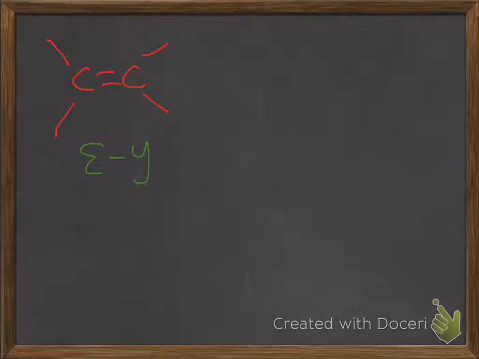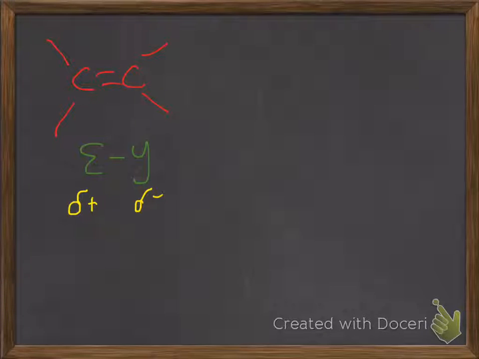An electrophile is going to be less electronegative because it wants those electrons. So it's going to be delta plus, or in an extreme case, something that's positively charged. Whatever it's attached to will be delta minus, whatever is more electronegative.